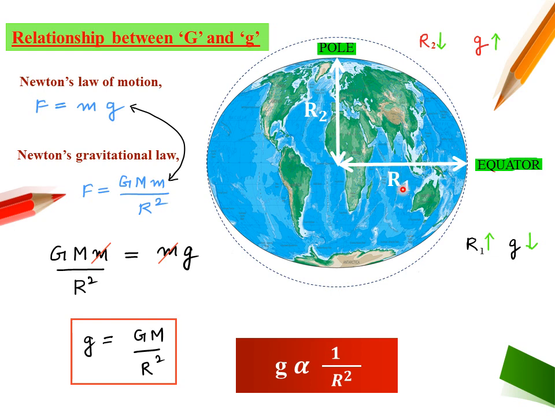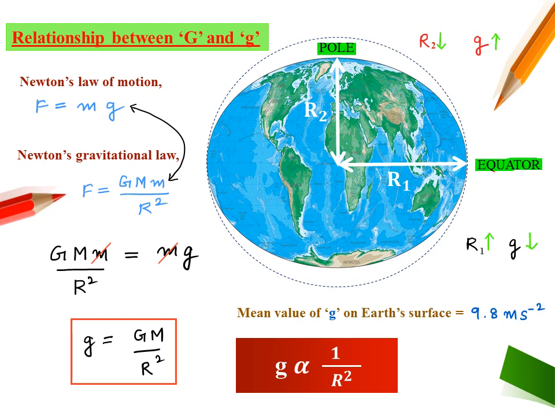So obviously we have the acceleration due to gravity to be greater near the pole. I mean to say at the equator the acceleration due to gravity is slightly less as compared to that at the poles. The mean value of g, that is acceleration due to gravity, on Earth's surface is 9.8 meter per second square.